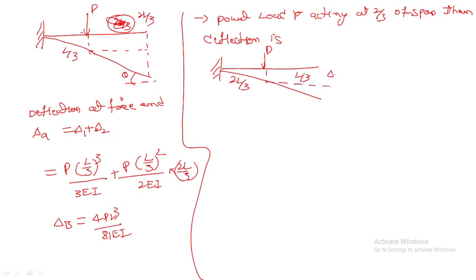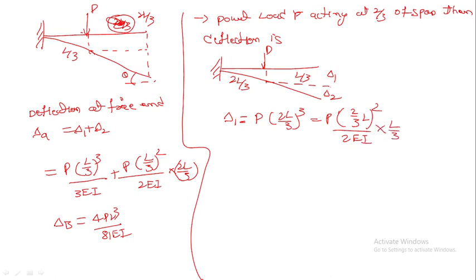So this is delta 1, this is delta 2. Now delta 1 is P into 2L by 3 whole cube divided by 3 EI, and delta 2 is P into 2 by 3 L whole square divided by 2 EI into L by 3.